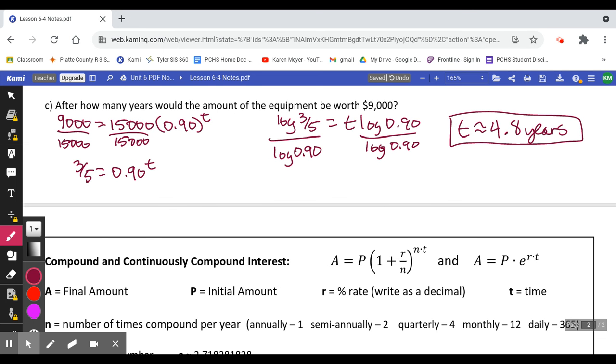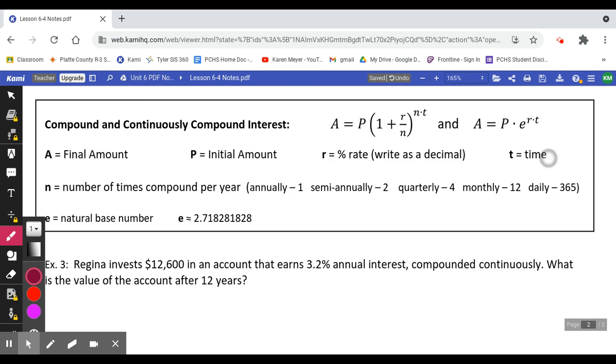All right, now let's go to the interest problem. On the back, we're going to talk about interest problems, and we've got 2 equations for interest: compound and continuously compound. My first equation is for when it says compounded quarterly, compounded daily, compounded monthly, compounded something.